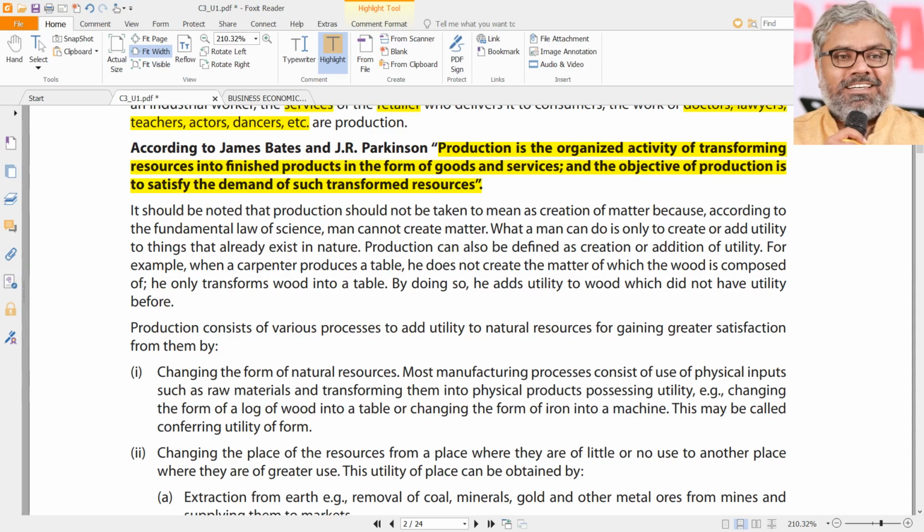Not to eat themselves, but because they want to satisfy the demand for such transformed resources, meaning output, in this case sugar. That is the objective of production. And the process of production is definitely an organized activity. It is not happening randomly or naturally.